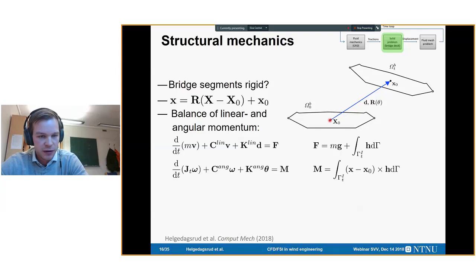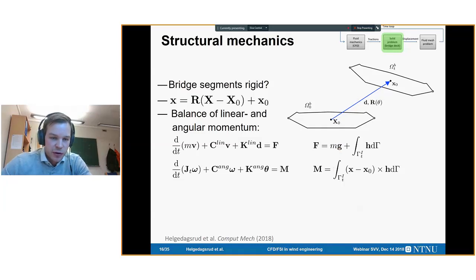So in essence, we have the inertial forces balanced by the forces given by the gravity and the tractions. And these are the tractions from the fluid mechanics. For the rotational part, we have the rotational inertia, which is balanced by the leverage of the tractions, and the gravity is cancelled out.